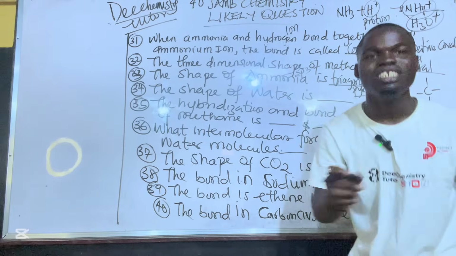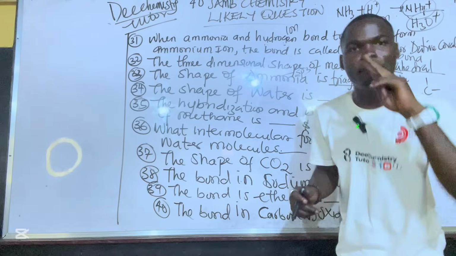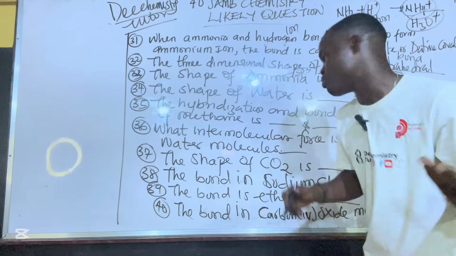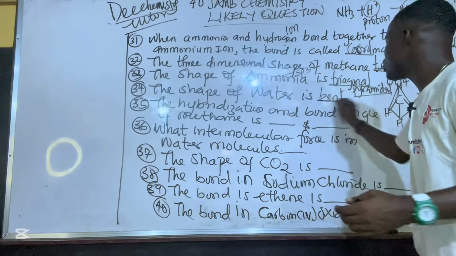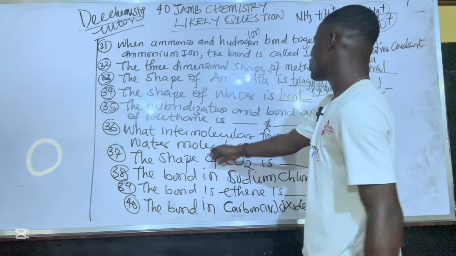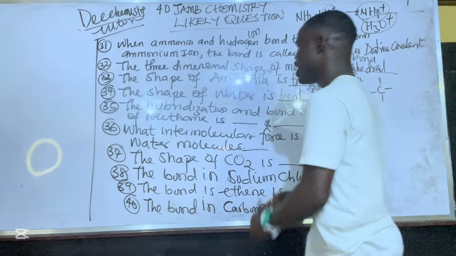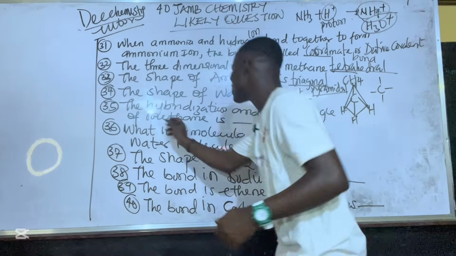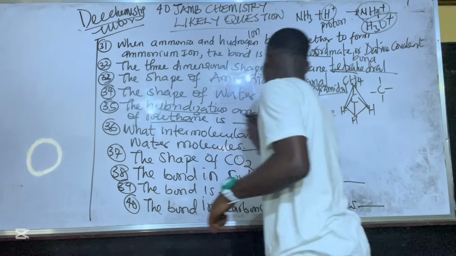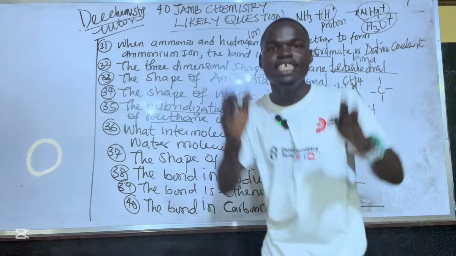The shape of water is either V shape, bent shape, or angular. Some people call it so, depending on the option. So, bent shape. Okay, now question 35. The hybridization and bond angle of methane is dash.